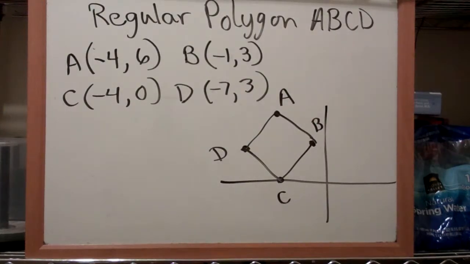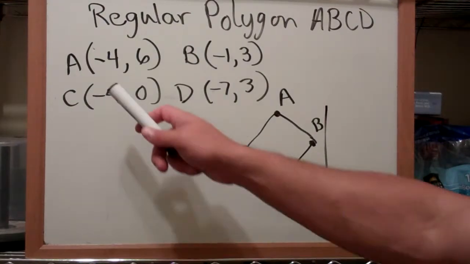And really we could use this information to find either the perimeter or the area of this square. So if we were trying to find the area or the perimeter, we would need to find the length of one of the sides. It's important to notice that we can't just take the length between any 2 points.